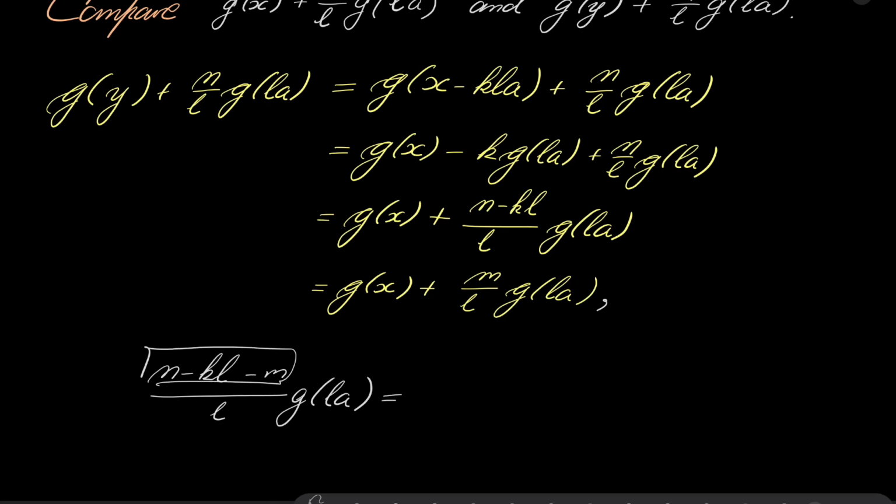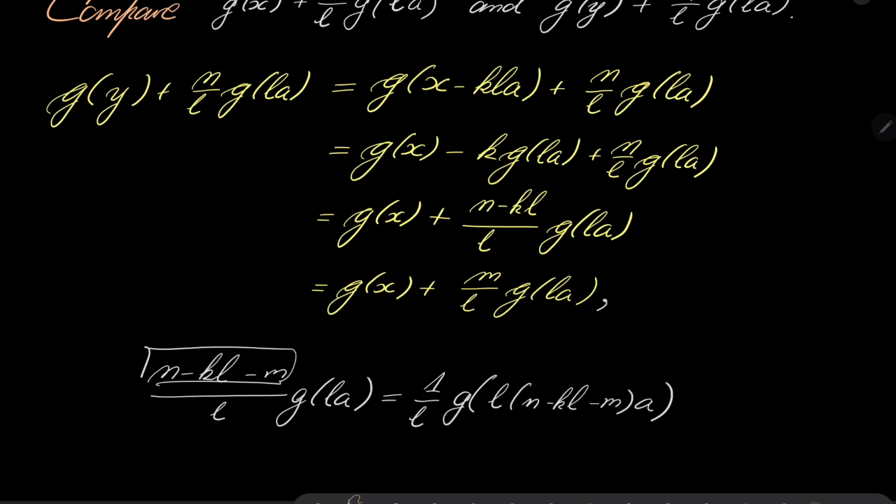So it can be written as 1 over l, because it's just a division in rational numbers, g of l times n minus kl minus m times a.